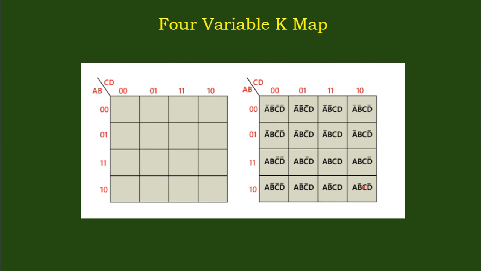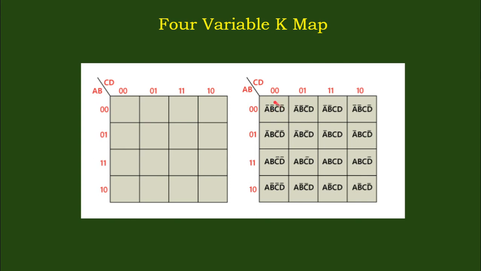Now suppose in our Boolean expression these terms come: A bar B bar C D and A B C D. Only these positions will have 1 as the value, and the remaining will all be 0. The presence of any such term is called a min term, and we are going to write the sum of product terms, which is SOP.